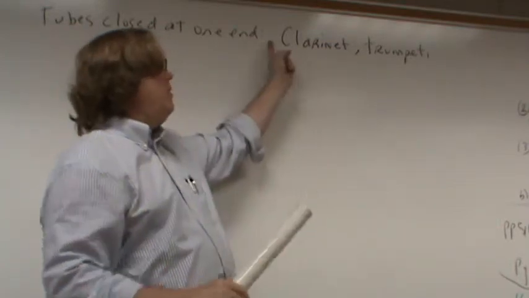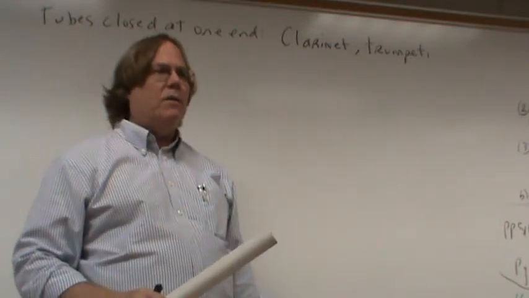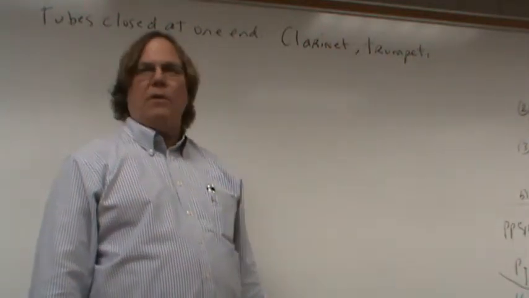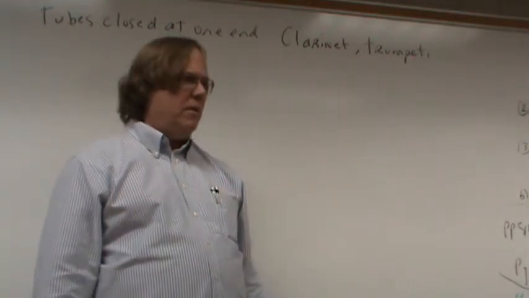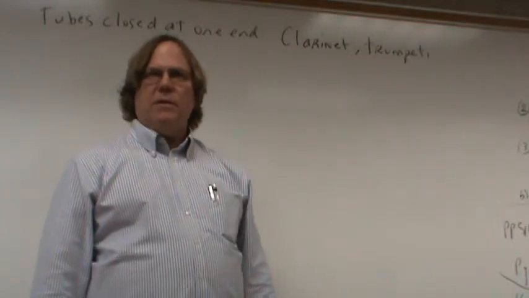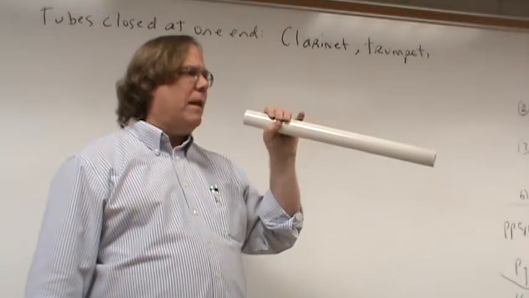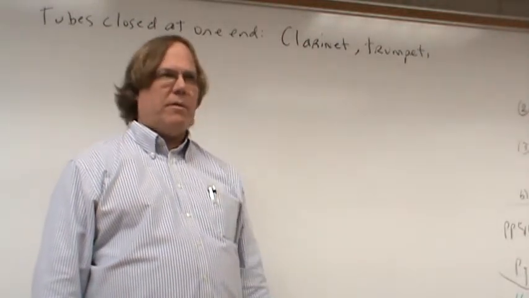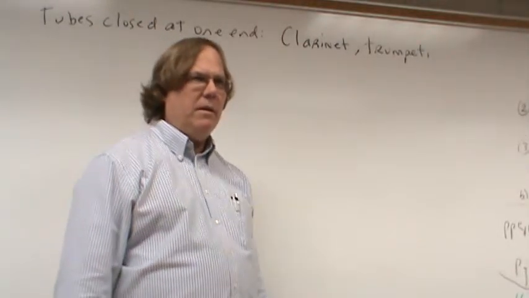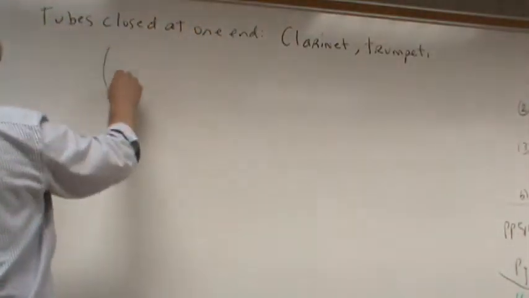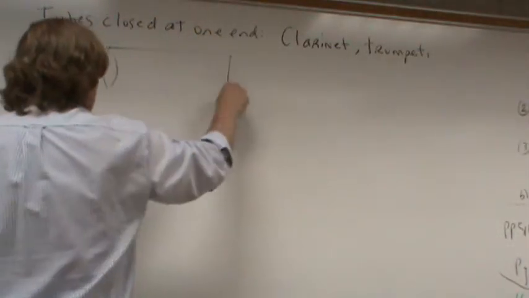I totally close off one end of a clarinet. Trumpet, just stick my mouth on the end. That's not open, that's closed. You see what I mean? Do you see how a clarinet and a trumpet are different from a flute? You're closing one end because you're sticking it in your mouth. Alrighty? So what that means is I'm going to have a tube that looks like this.